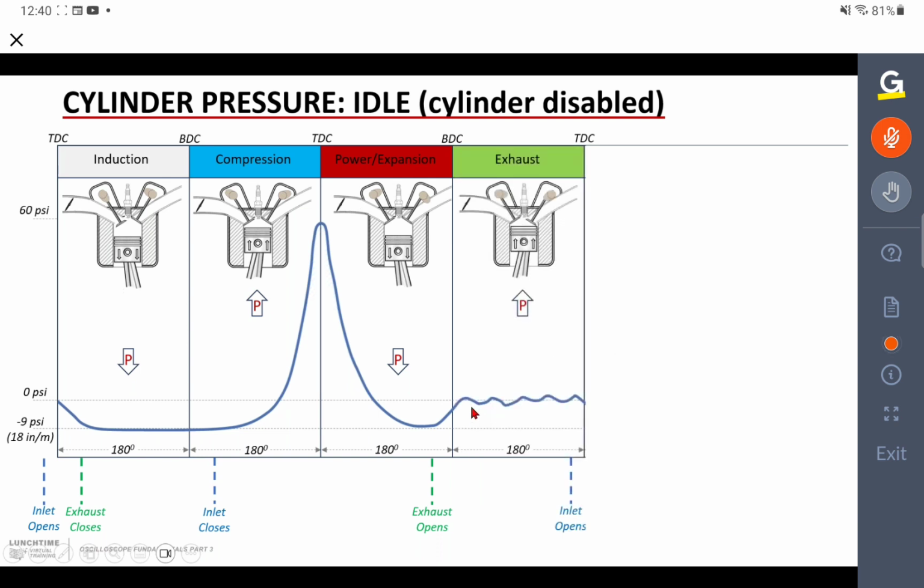The moment the exhaust valve opens, although we've got this negative pressure, this low pressure in the cylinder now, because the exhaust system is exposed to atmospheric pressure, the pressure in the exhaust pipe is actually atmospheric pressure. Therefore, when the exhaust valve opens at the end of the expansion stroke, we now expose the cylinder to the pressure that's in the exhaust system, which, as we've said, is atmospheric pressure.